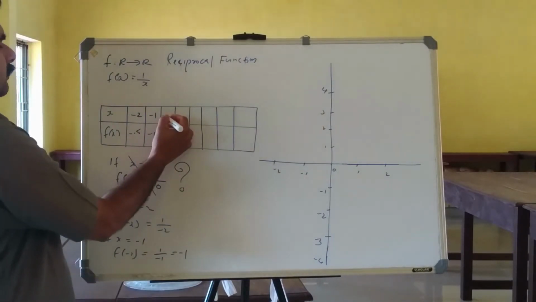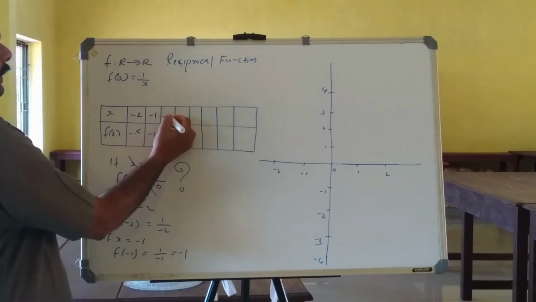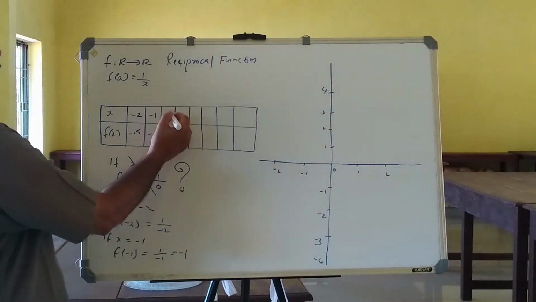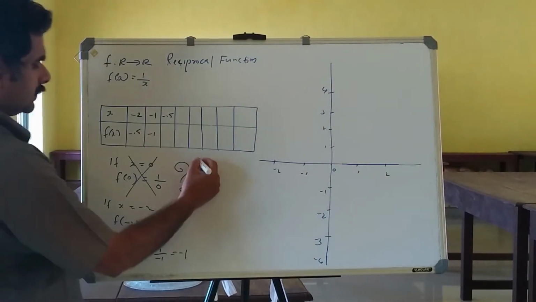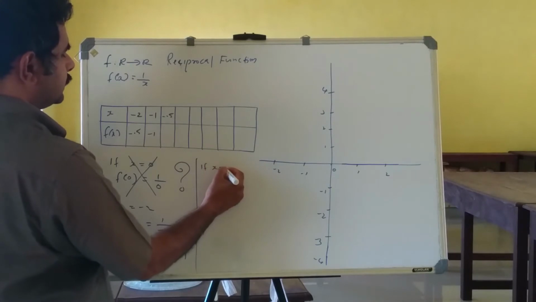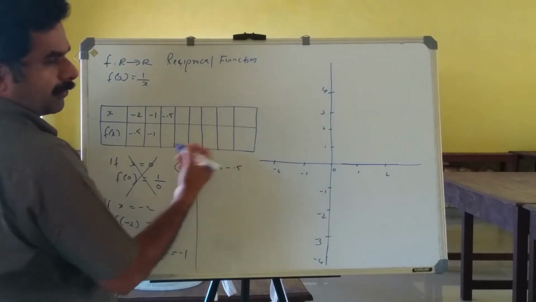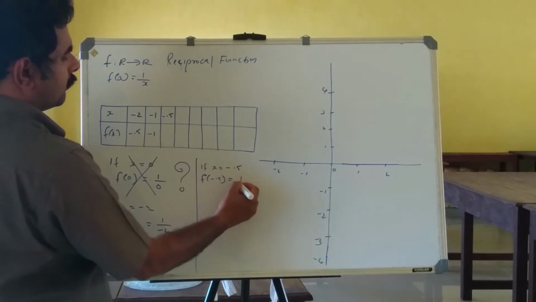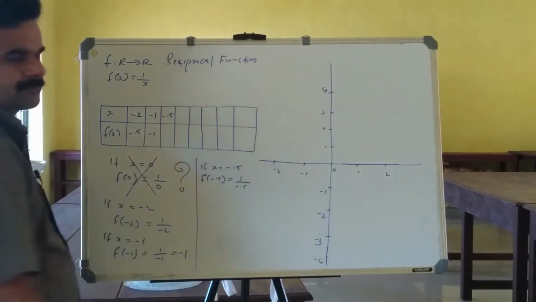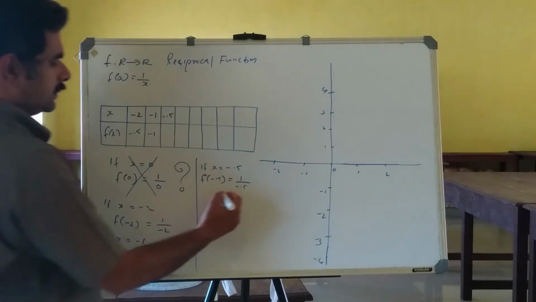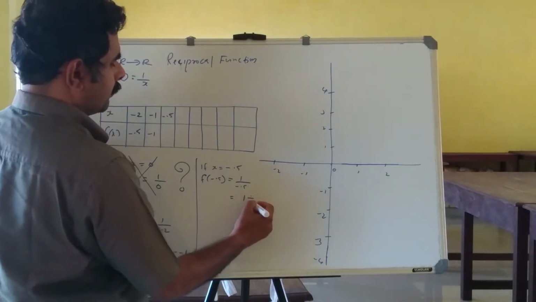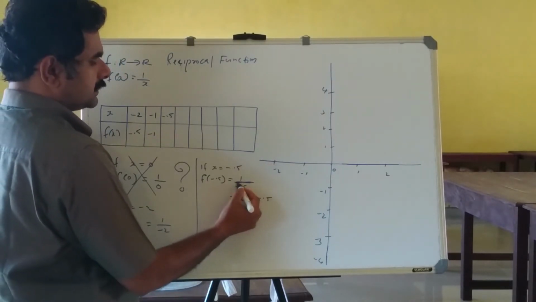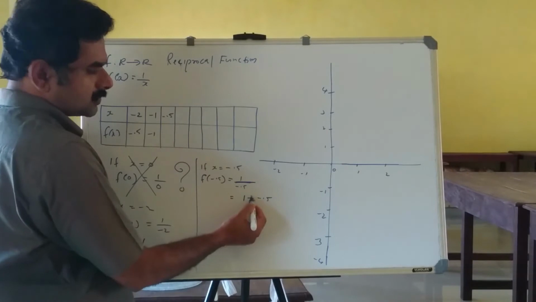What happens when x is equal to minus half or minus 0.5? If x is equal to minus half, f of minus 0.5 is equal to 1 by minus 0.5, isn't it? This is a division symbol.